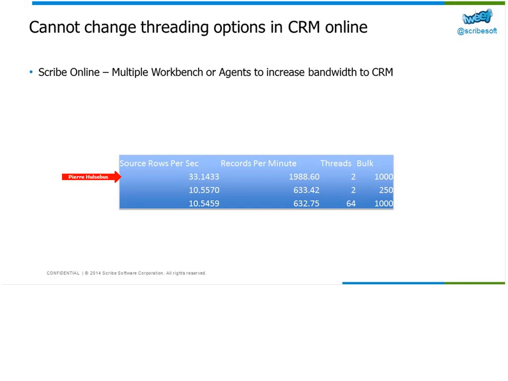Yeah, very good point. It's one of those items where the architecture changes a little bit if we are running on-prem or running in CRM Online, where something that would be beneficial on-prem can actually slow us down if we're using CRM Online.